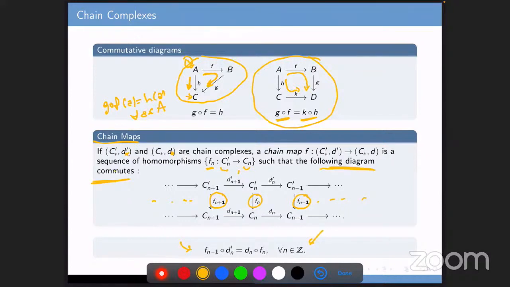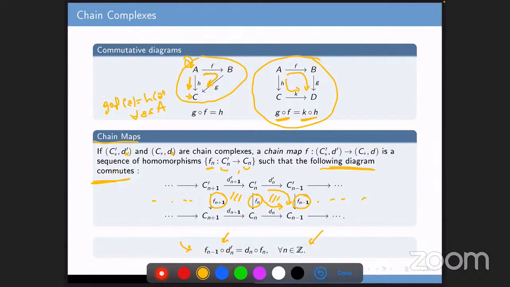In this diagram, the commutativity will mean Fn minus 1 composed with Dn prime will be equal to Dn composed with Fn. At each step, we need to have this commutativity. And if that condition is satisfied, we call this a chain map. Okay, so we have these structures, we have these maps between them.